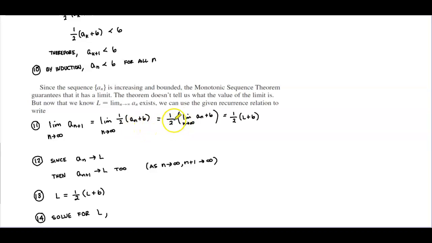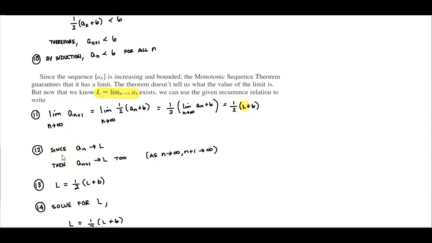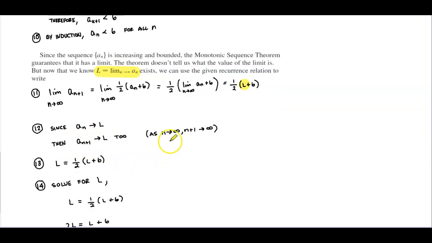Factoring out the 1/2 and taking the limit, we have 1/2 times the limit of a subscript n, which equals L, plus 6. For step 12, since a subscript n approaches L, a subscript n plus 1 also approaches L as n approaches infinity.